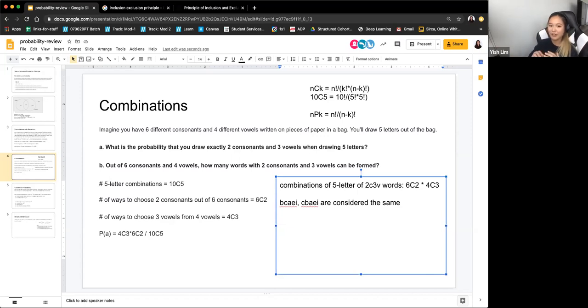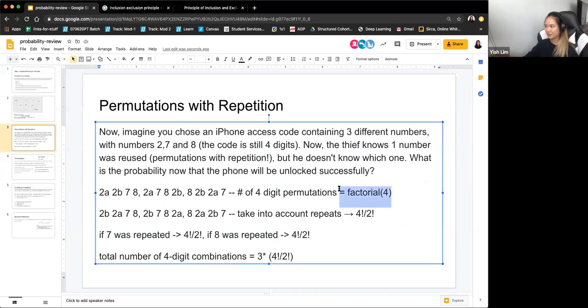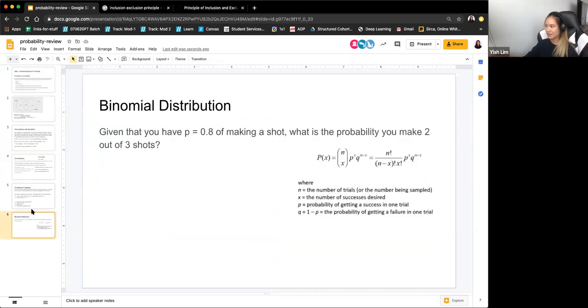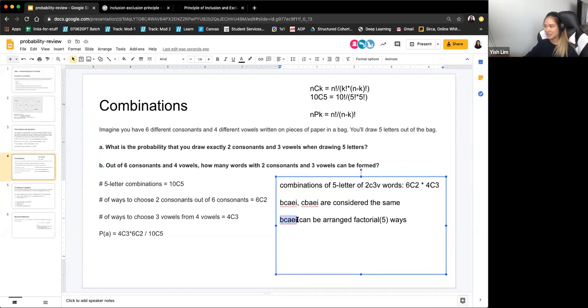Actually not permutation, but factorial. Permutation technically as well, but this would be a factorial. So BCAEI can be arranged in factorial 5 ways. Remember, similarly to like this part where you have 4 digits, there are factorial 4 ways to arrange it. If we have the 5 letters B, C, A, E, and I, it can be arranged factorial 5 different ways.